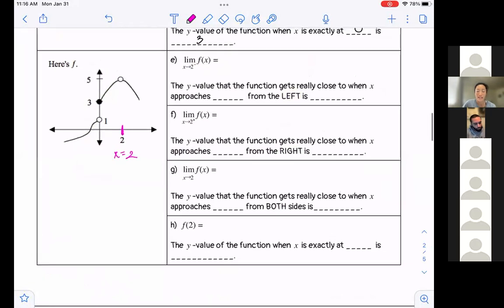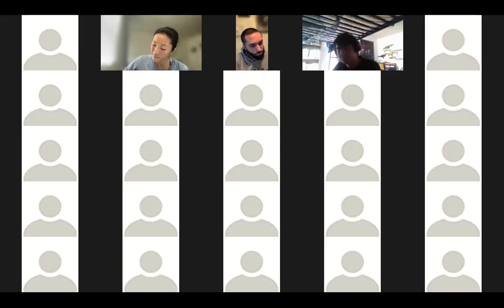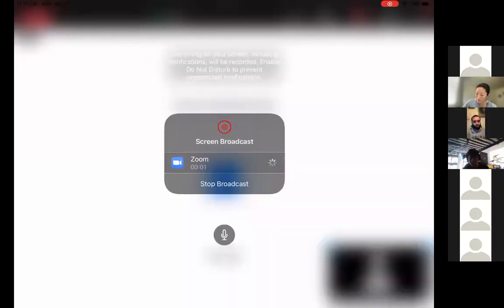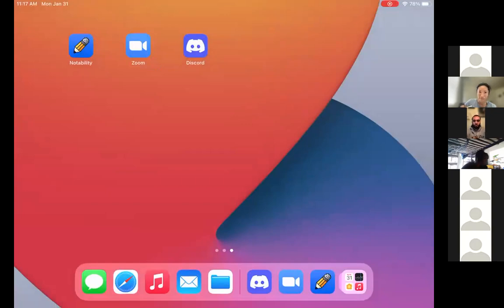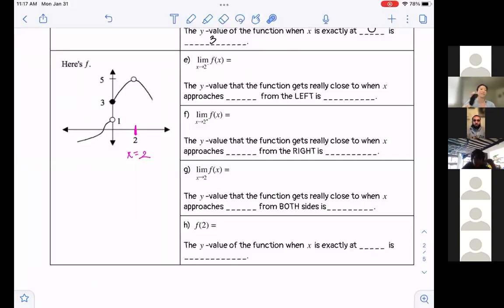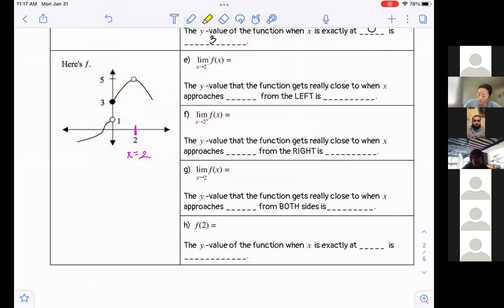And so we're going to try the same thing, where we talk about what happens when we approach from the right and from the left and get a second chance at seeing the differences. We're going to get a second practice at talking about what it looks like when we come from the left or the right for any given function.